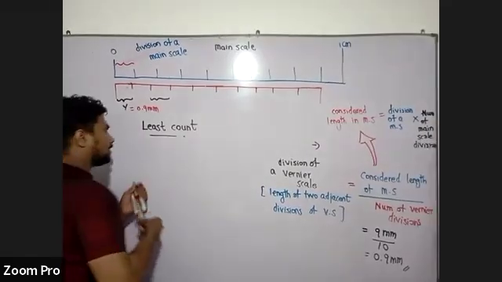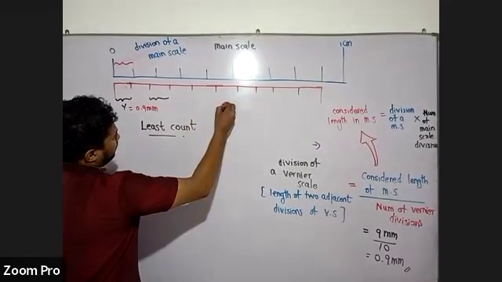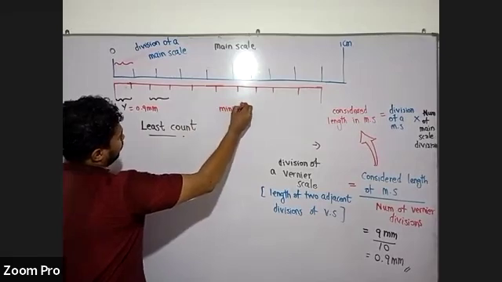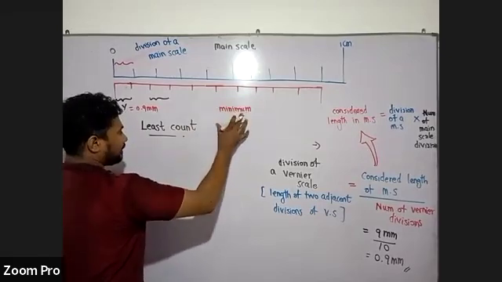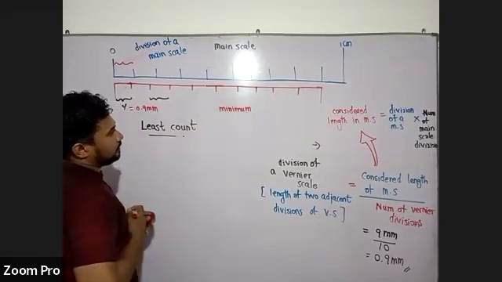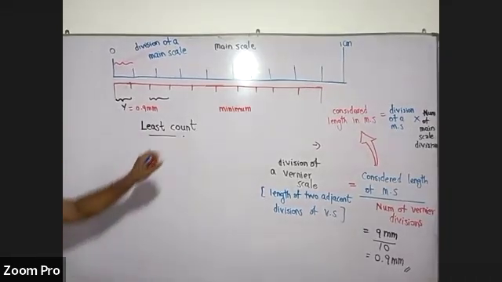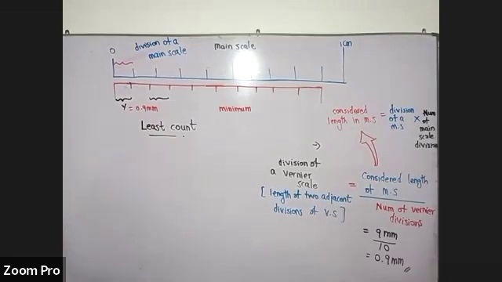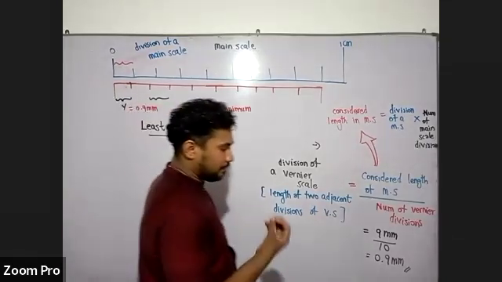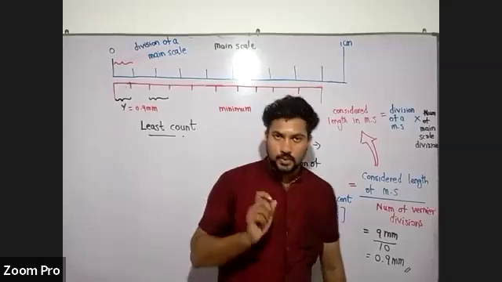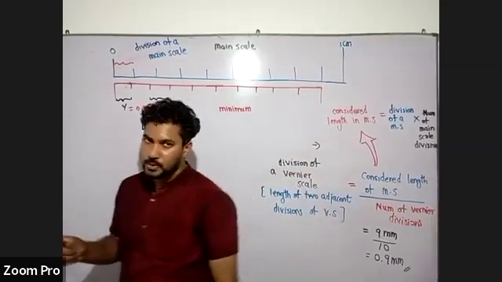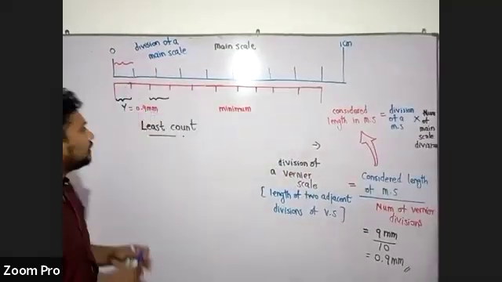Least count is the minimum measurement or minimum value that can be measured using a measuring instrument, right? So this is the meaning of the least count. That's the meaning of least count, right?